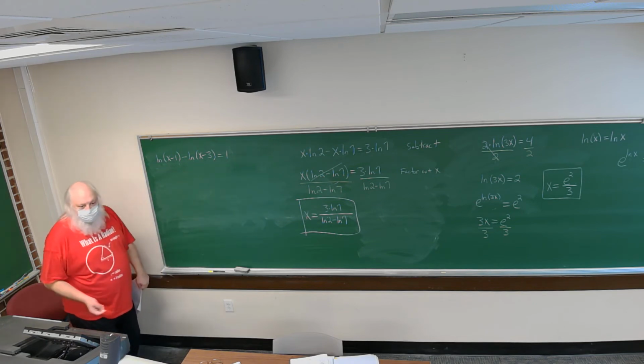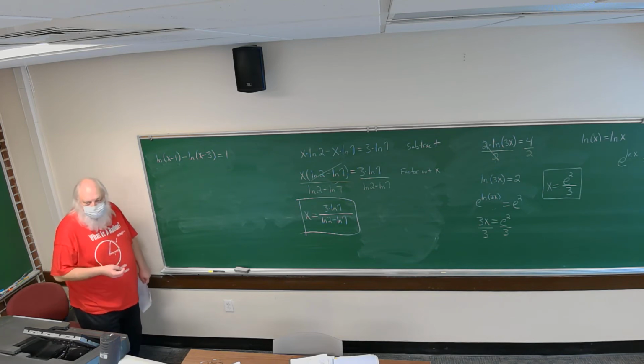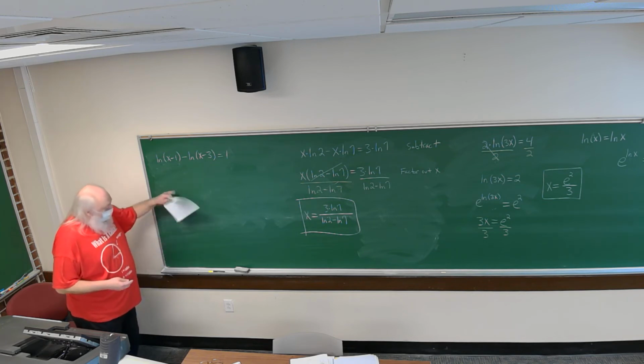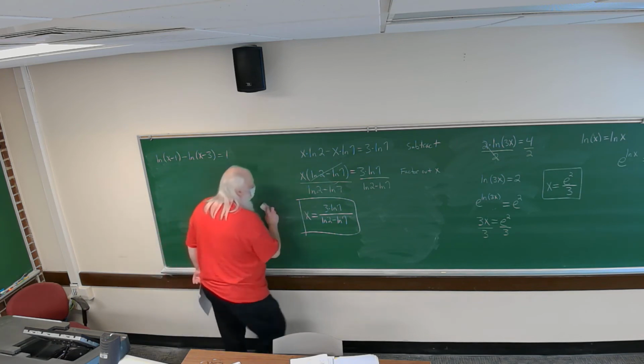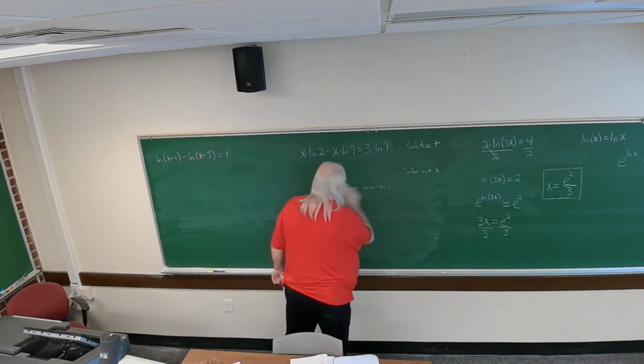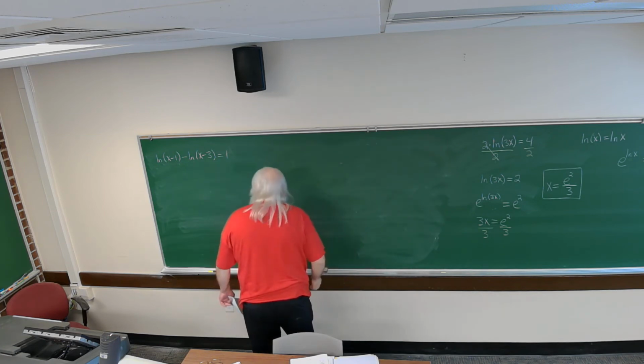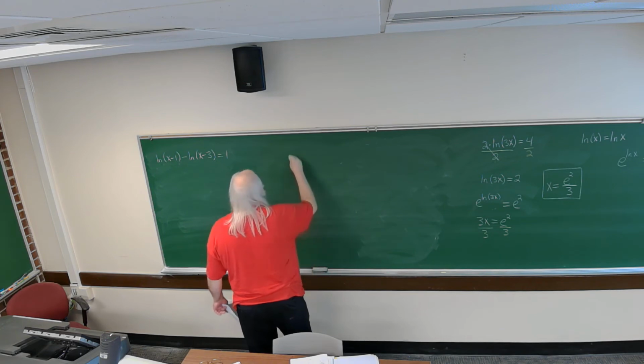Well, we talked about condensing and expanding. Actually, we talked about expanding; you have to watch the video on condensing. But we have a rule of logarithms, which I'll review with you, called the quotient rule.